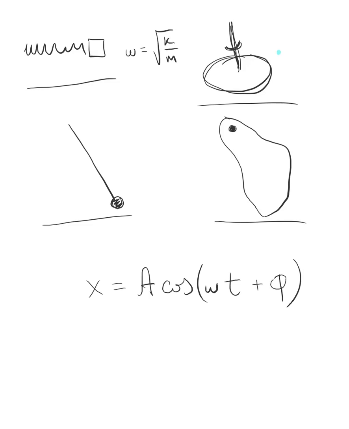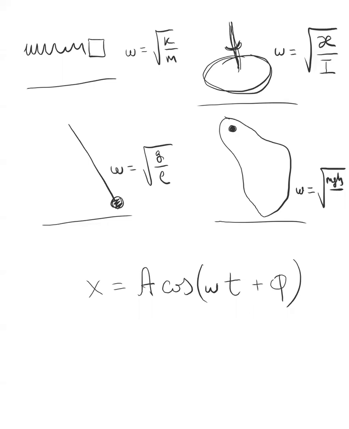For the angular oscillator, you have a square root of kappa over I. For the simple pendulum, you have a square root of g over L. And for this extended, realistic pendulum, you have the square root of mgh over I. In your homework, you have a bunch of problems with all sorts of pendulums.